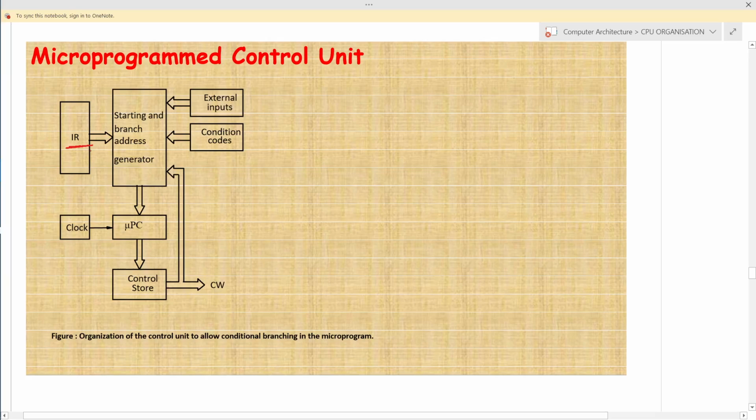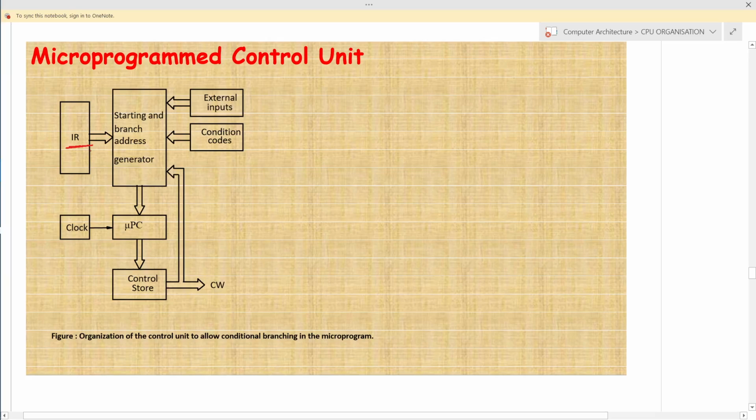This way the microprogram control unit reads the control words from the control store, and then the signals are generated with the help of the control unit. Also, we handle external inputs and condition codes as in the hardware control unit. So in the microprogram control unit, the control signal is generated by reading the contents of the control word, and control words are kept in a memory called the control store.